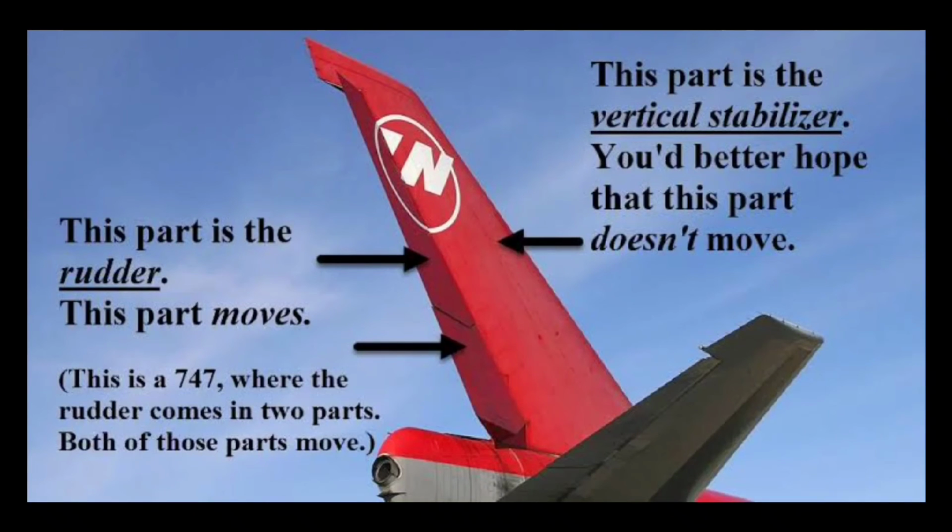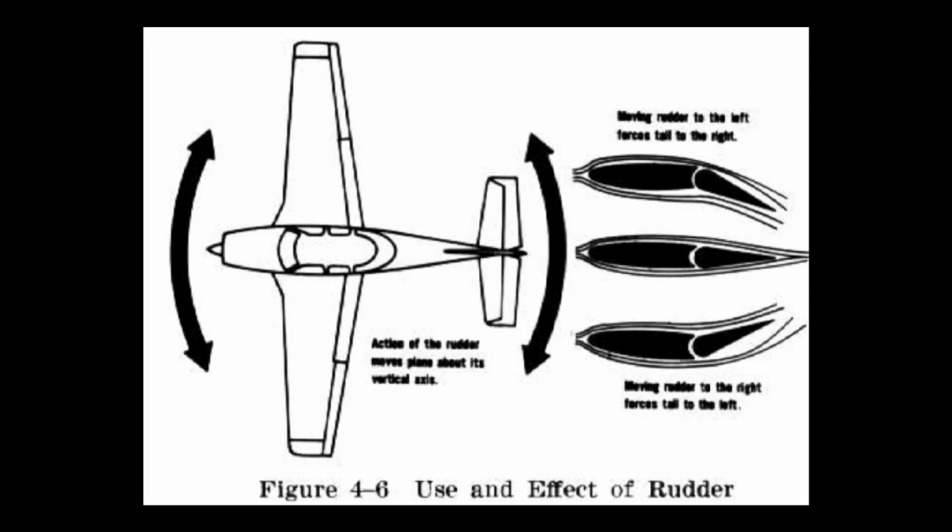The air flowing over the fin and rudder acts in exactly the same way as it does flowing over a wing and aileron, except the forces are horizontal and not vertical. Deflecting the rudder to the left increases the air pressure on the left side of the fin and rudder, and so the whole back end of the plane is pushed across to the right, thus yawing the nose to the left.